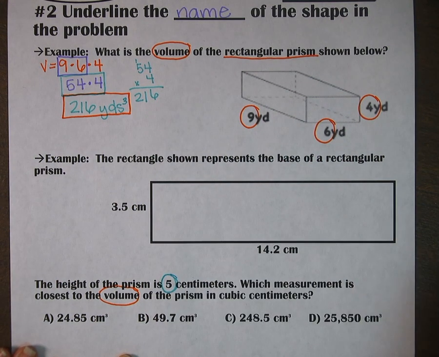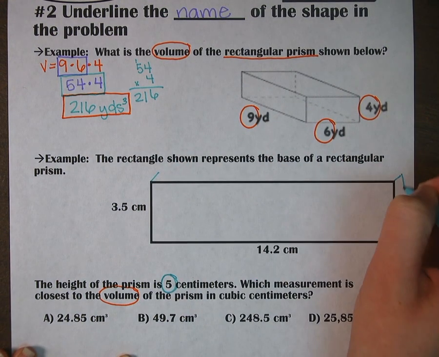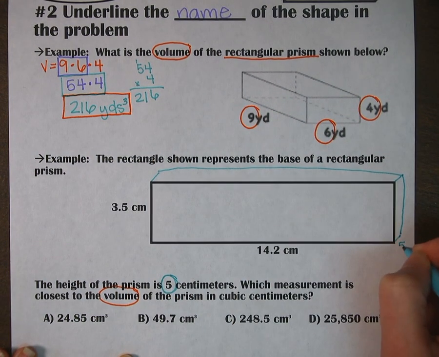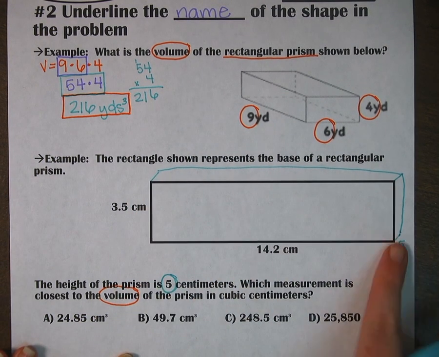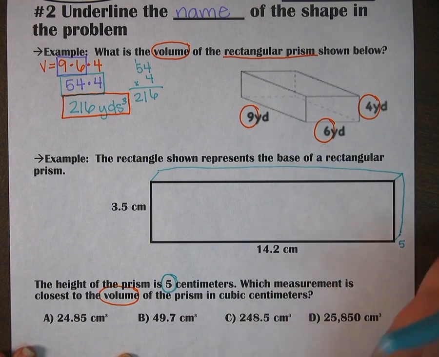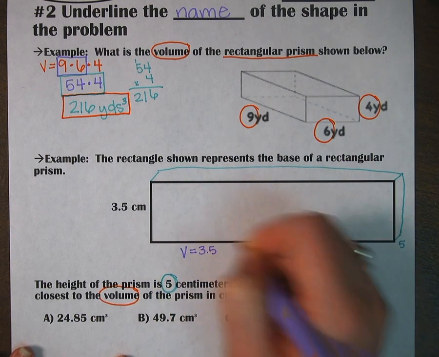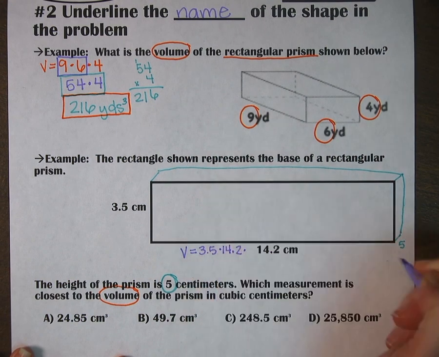So if we were going to make this a three-dimensional shape, you could think of it like this. That 5 would go on this piece. That would be the 5 centimeters that's added, because we already have the sides, the top and bottom, so we need to know how deep that picture is. So that 5 is my 3rd number. So for volume in this problem, I could say V equals 3.5 times 14.2 times 5.